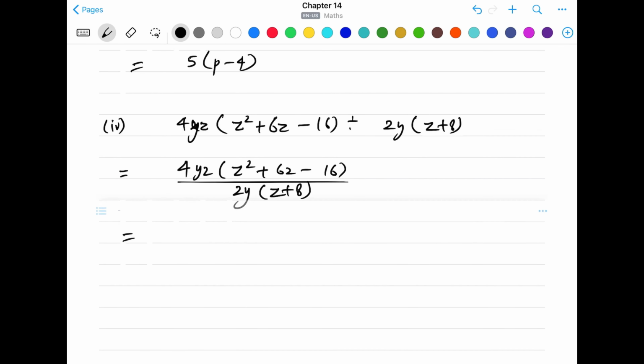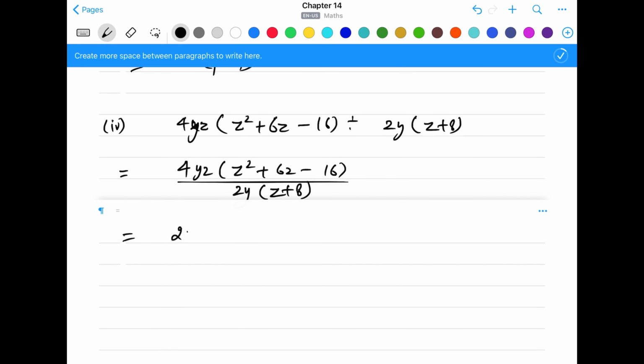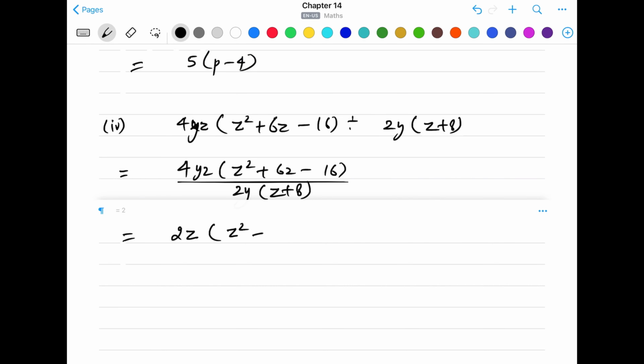So here what we are going to do is, this 4yz divided by 2y will give us only 2z. Then we have z square plus 6z minus 16 divided by z plus 8.